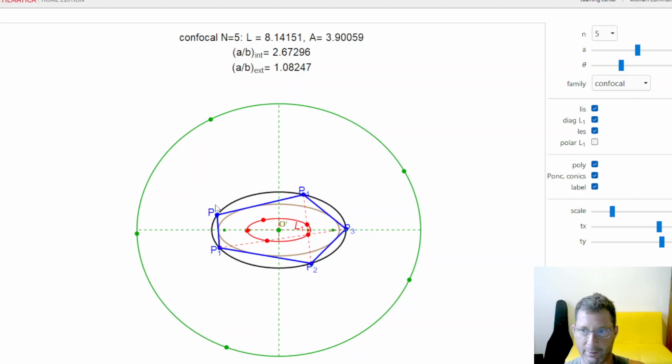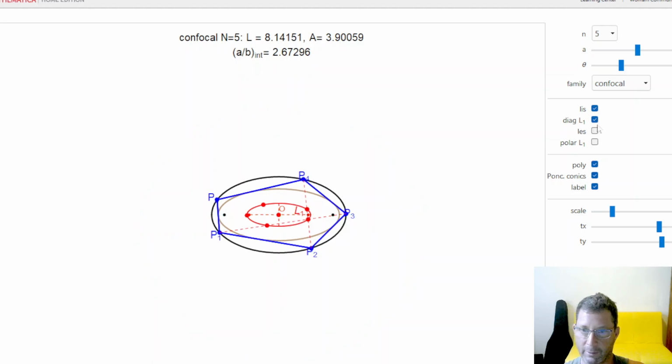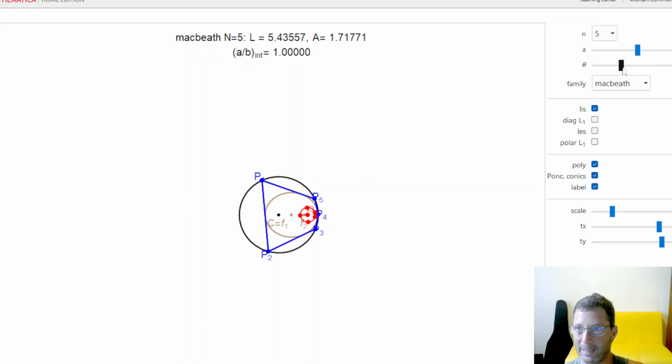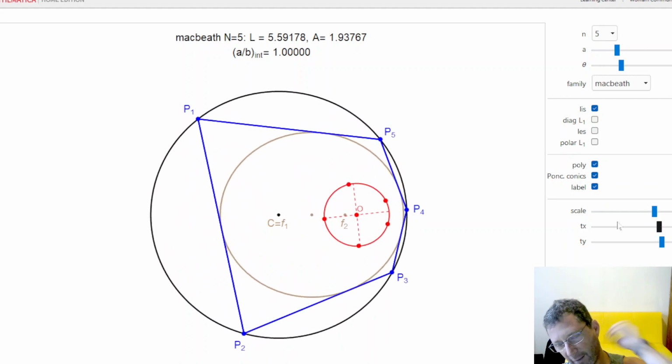Now here's the nicest phenomenon that I want to describe in this video, and it has to do with something I'm calling the MacBeath family. What is a MacBeath family? Let's scale this up. The MacBeath family, and this is n equals 5 MacBeath, is one that is inscribed in a circle and which circumscribes a caustic for which one of the foci, F1, coincides with the center of the outer circle.